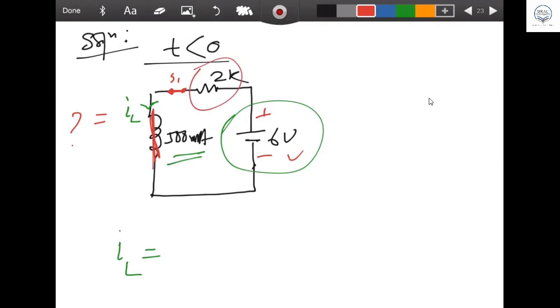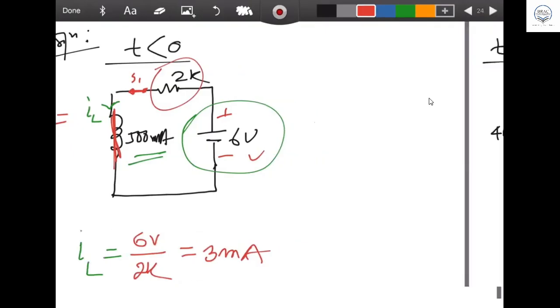Any child can understand: Ohm's law gives 6 volt divided by 2K, which is 3 milliampere. That is the current at time T equal to 0. For a long time, 3 milliampere is going on.